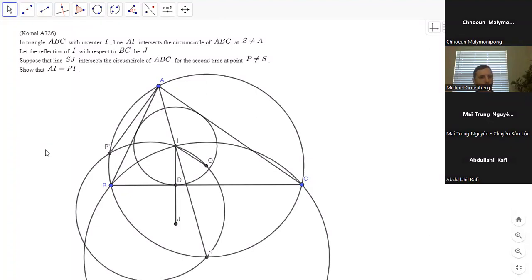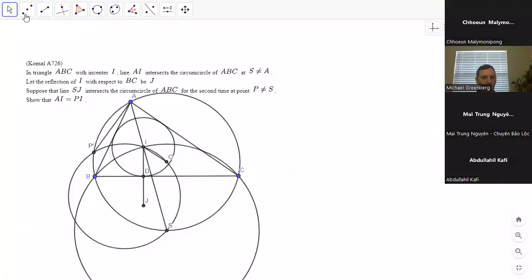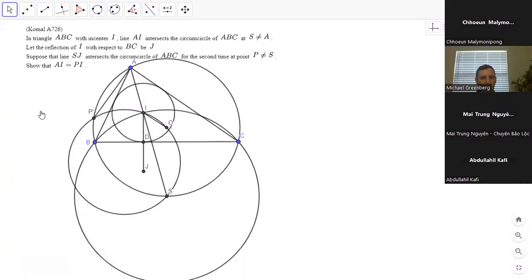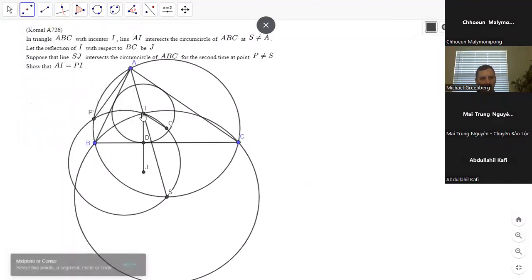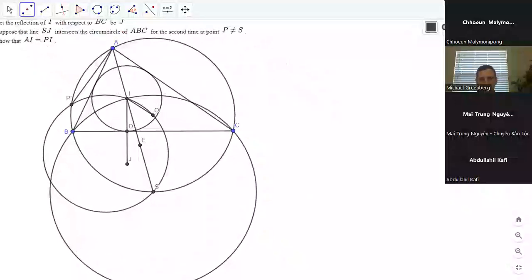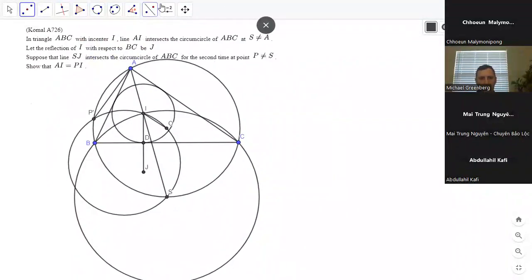Maybe we could use medians or symmedians. You know what? Maybe it's worth reflecting I over S, because then that would give us a diameter. Oops, not the midpoint. I want to reflect.